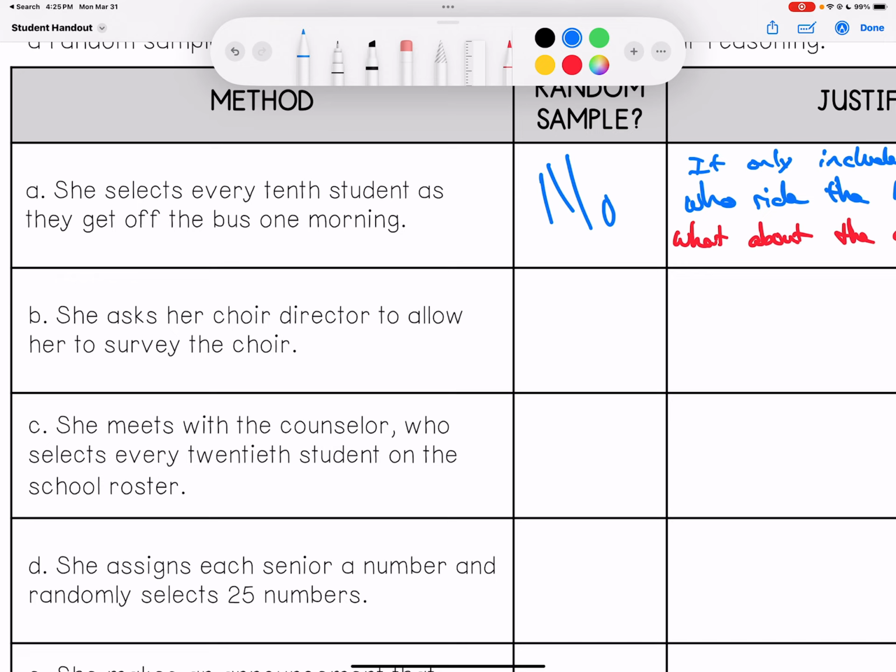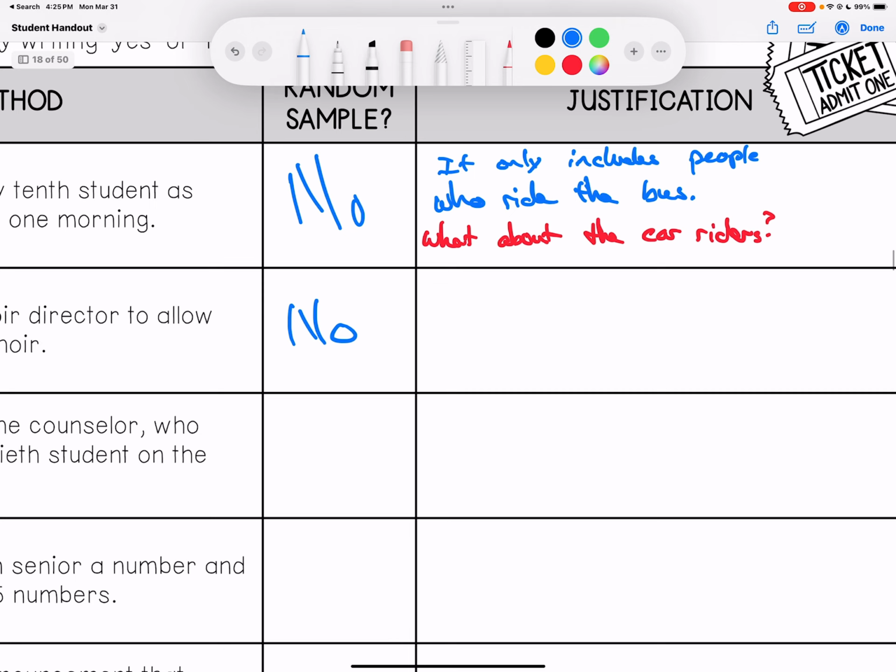She asked her choir director to allow her to survey the choir. Is that a random sample? She's wanting to know the whole graduating class. Is the choir class the whole graduating class? No. It only included choir members.